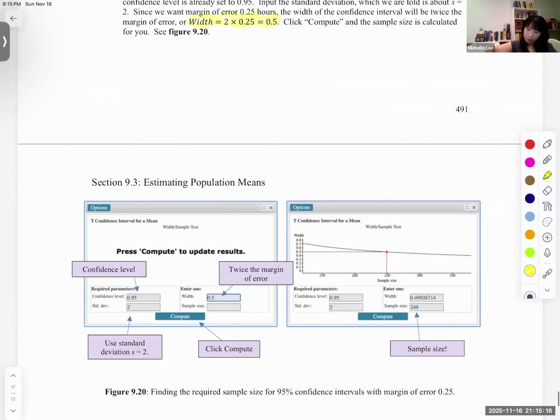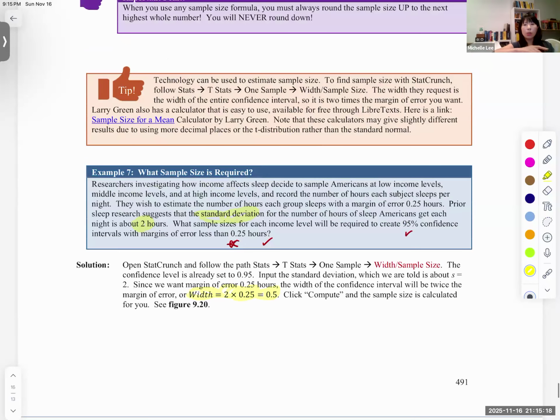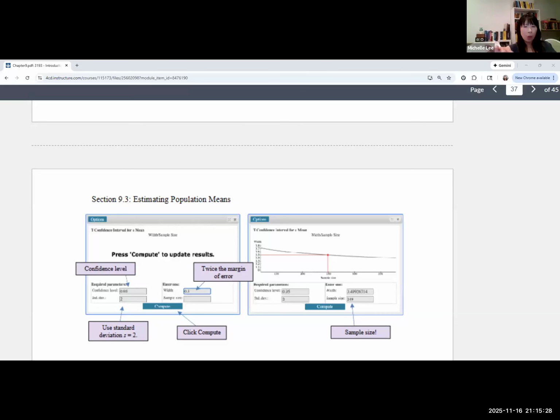Okay. Very good. So let me show you StatCrunch. Then we are done for this section. I need to turn off here too.